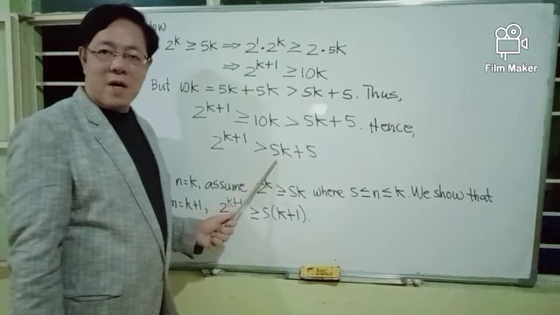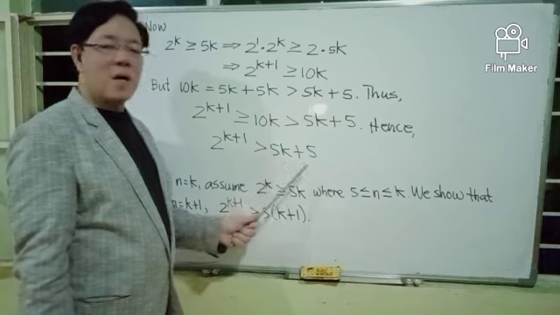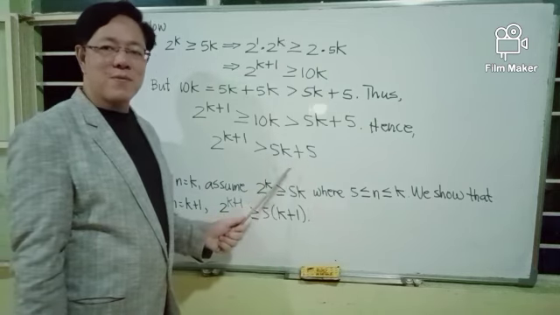But 5 is a common factor of these two terms, so we factor out 5.